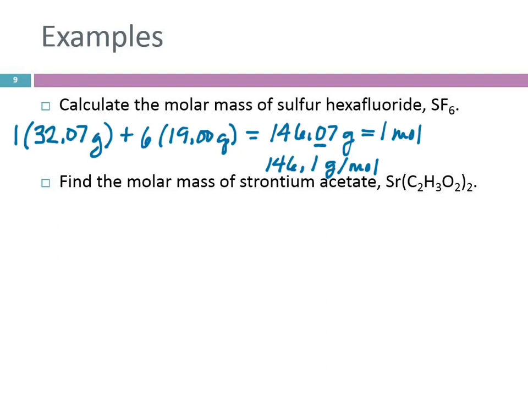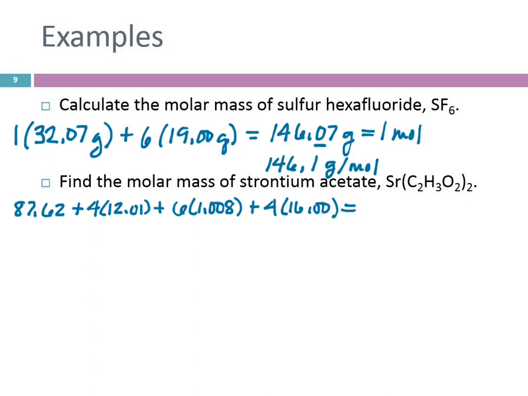So strontium is at 87.62. Can't quite see that one. So 87.62, and then 4 carbons, 12.01, 6 hydrogens, 1.008, and 4 oxygens.